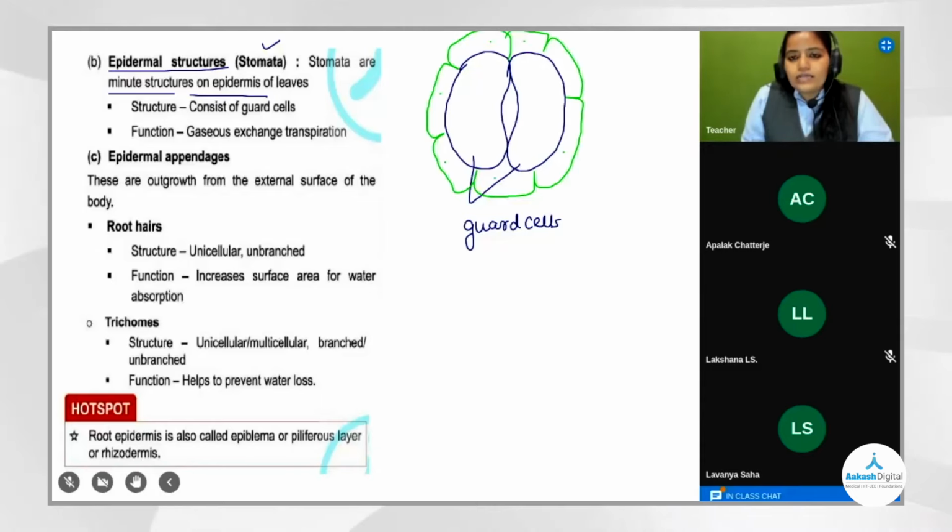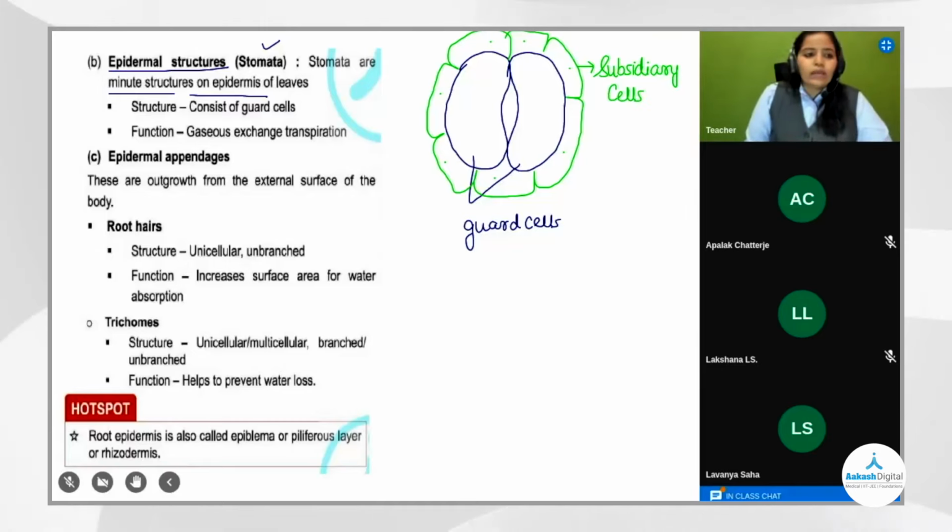These are epidermal cells only, like the other cells, but the ones which are closely attached to guard cells, we specifically call subsidiary cells because they provide extra support to the guard cells. They are protecting the guard cells as well. So these are the subsidiary cells.